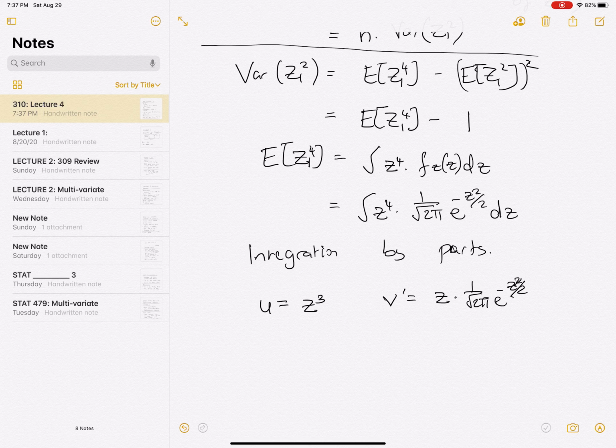Okay, so I'm going to split it up in this way, where u equals z cubed and v prime equals z times 1 over square root 2 pi e to the negative z squared on 2. The reason for that is because v prime needs to be something you can actually integrate, and this allows you to do that.